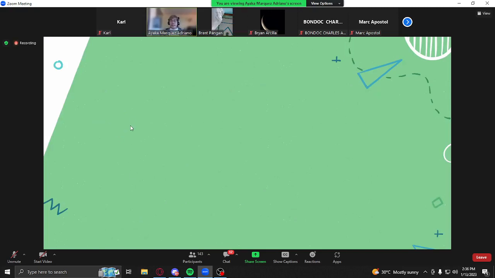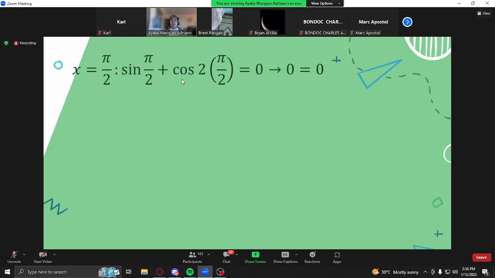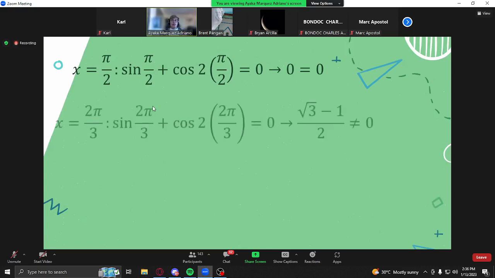Let's have the 90-degree angle, pi over 2. So we have sine 90 plus cosine twice of 90 is 180. Parang sine 90 plus cosine 180. The answer will be 0. So therefore, the 90-degree angle is the one that we are looking for.